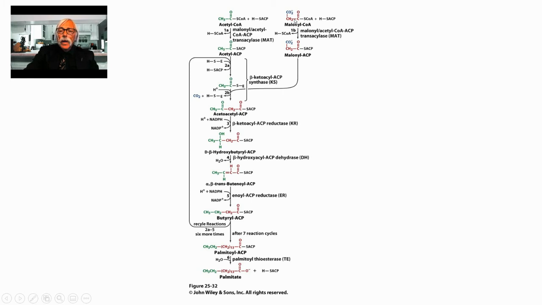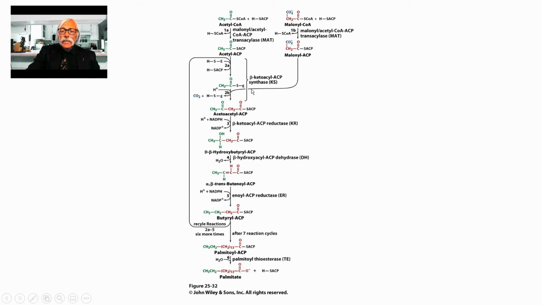Now, at the same time, the malonyl-CoA, which was synthesized from the acetyl-CoA, will likewise transfer out its coenzyme A thioester for ACP. So now you have acetyl ACP and you have malonyl ACP, right? Those are the structures right there. Remember thioesters.